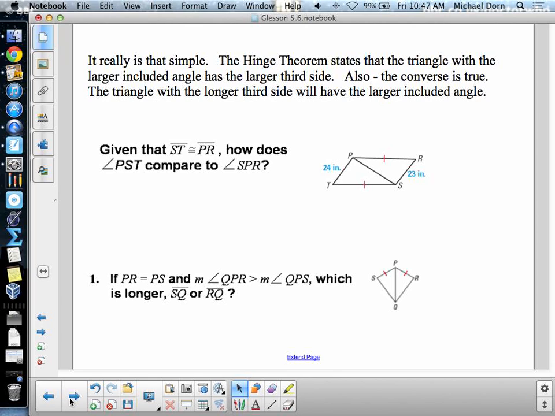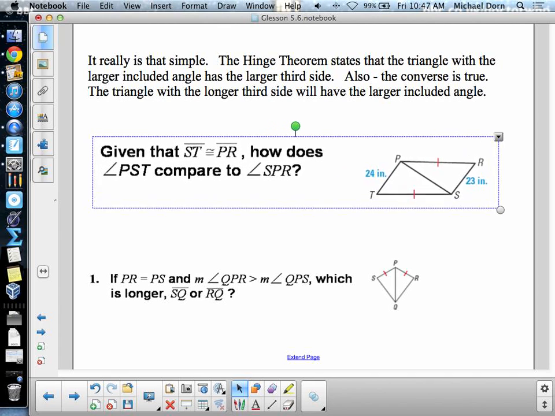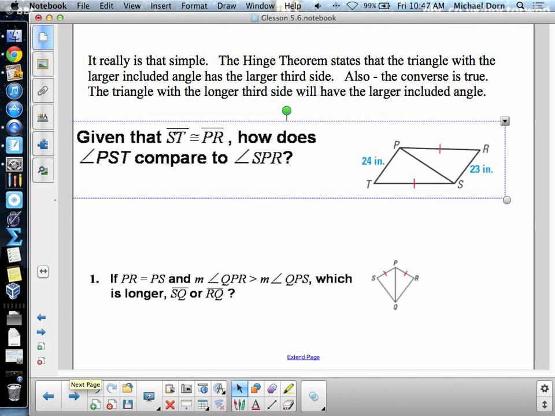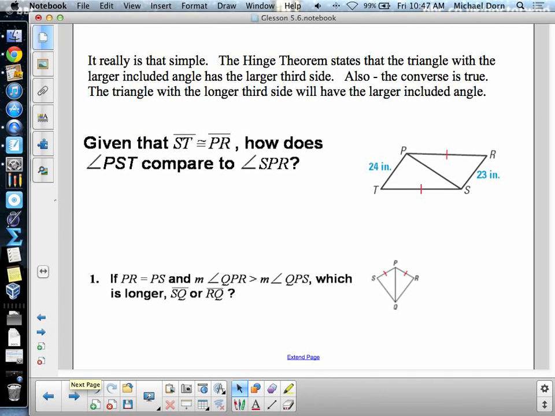Here I have a parallelogram. I admit it's a little bit small. I can expand it a little bit. I have what looks like a parallelogram, but it's not quite because the opposite sides are not congruent. In fact, in this shape, PT is 24 inches and RS is 23 inches.